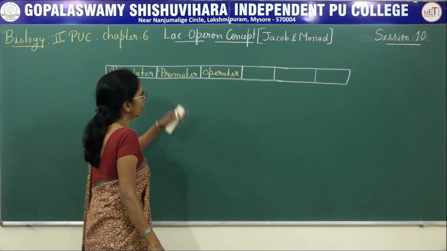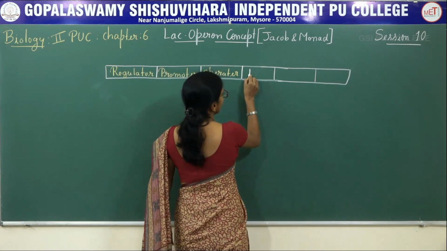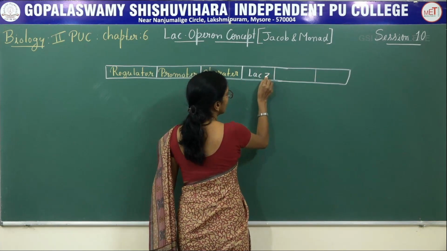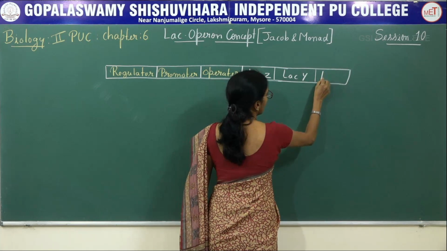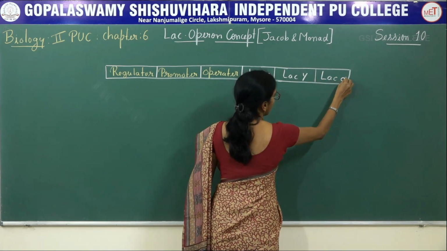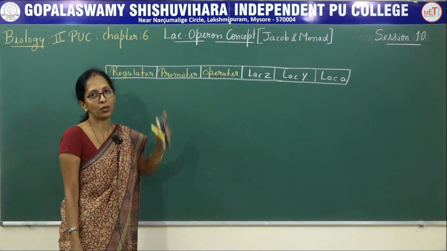Regulator, promoter, operator. And this is lac Z, lac Y, lac A. This is the Escherichia coli.